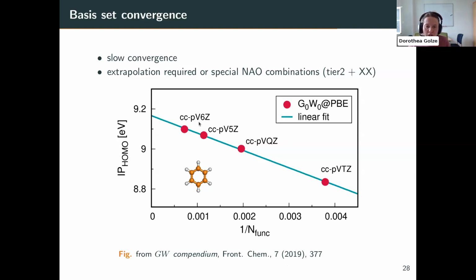And you see that even for the largest basis sets, we are not quite there. So we have to extrapolate. And please note, for the smaller basis sets, you might still be 0.3 to 0.4 eV from the actual result. Now with FHI-aims, we also have, for certain use cases, or for solids in general, the possibility to use different combinations, for example, using a tier 2 NAO as basis and then adding very specific functions on top to accelerate such convergence.